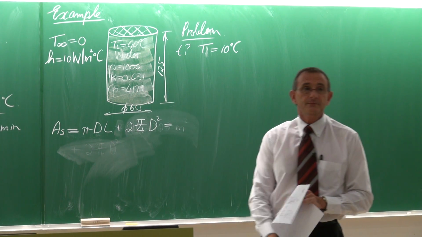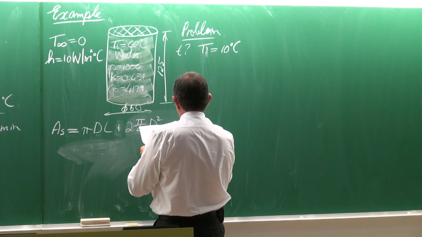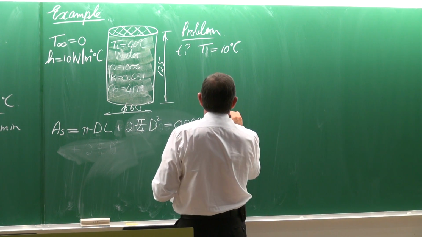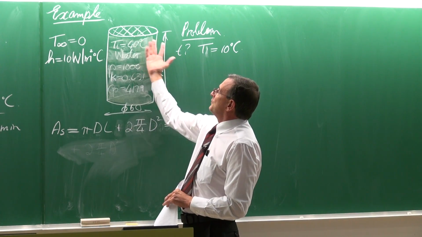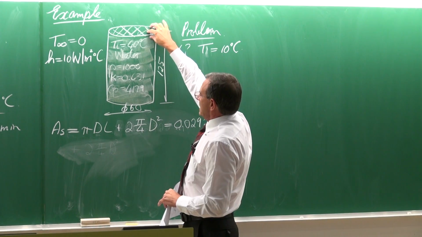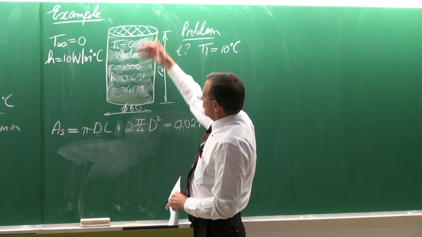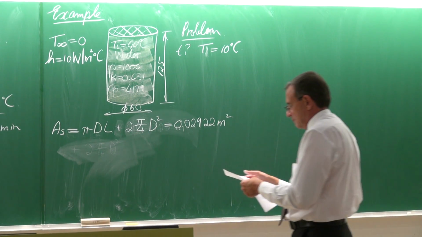You all agree with me? That is added to the area I've written down, 0.02922 square meters. So the surface area is the outside area of the beer can, plus pi divided by 4 d squared, and we've got that one and that one, so it's 2 of them. That's the surface area of the can of beer.